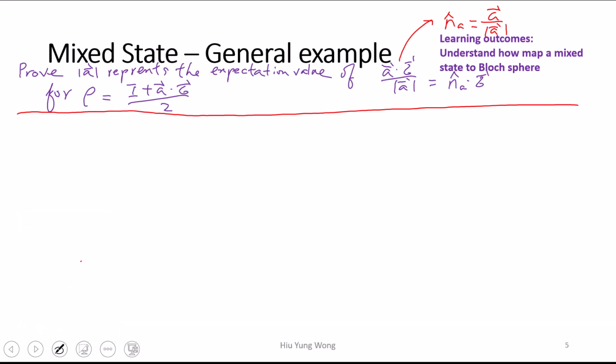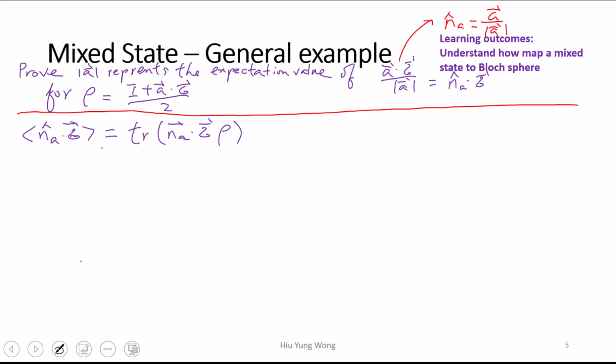All we need to do is just go through the math. So what is the expectation value of NA dot sigma? We learned that before. If we talk about the expectation value of this operator NA dot sigma for the density matrix rho, this is just equal to the trace of NA dot sigma times rho.